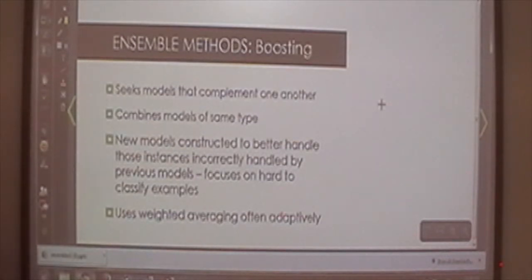Again, it combines models of the same type. The idea is that when you create new models, we want to construct them to better handle those instances that were incorrectly handled by your earlier models. So it's a way of focusing on samples, examples that are harder to classify.